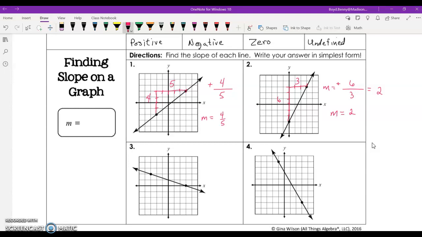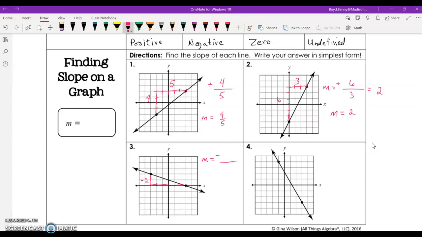Next, let's take a look at number 3. So on this one, I can see that the slope is a negative slope because it's going downhill from left to right. Go ahead and put my fraction bar there. Draw my slope triangle. Okay, so I go 2 spaces down. Down would be negative.